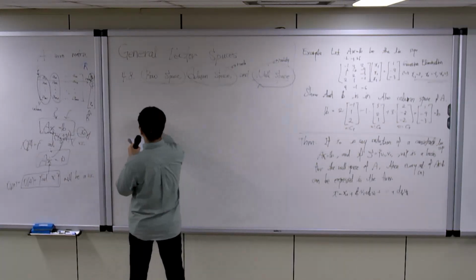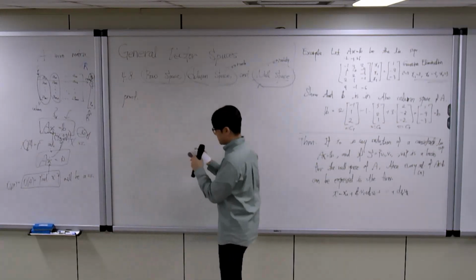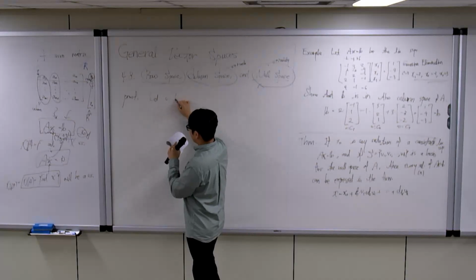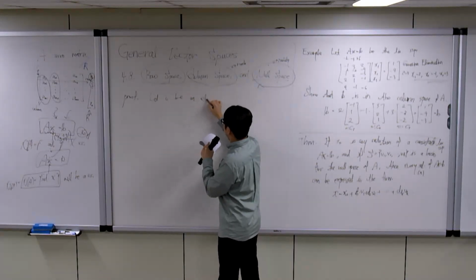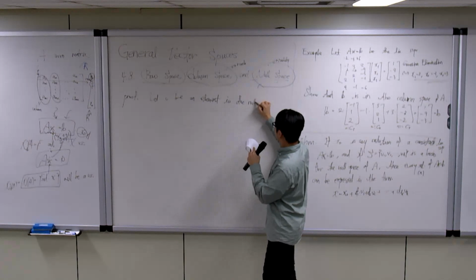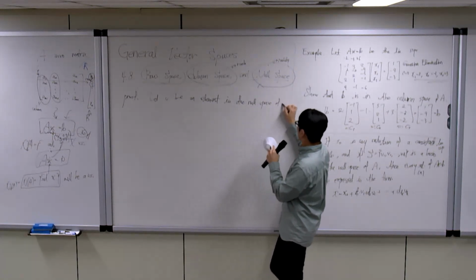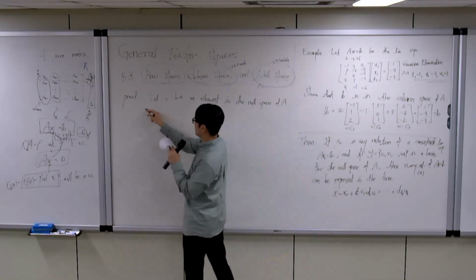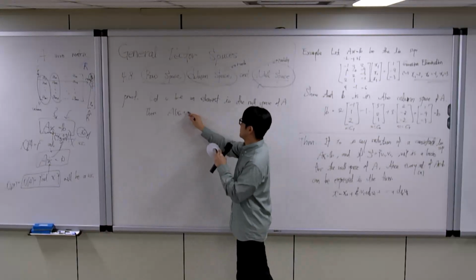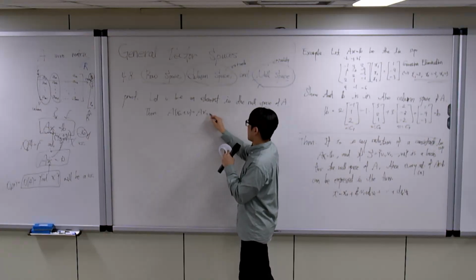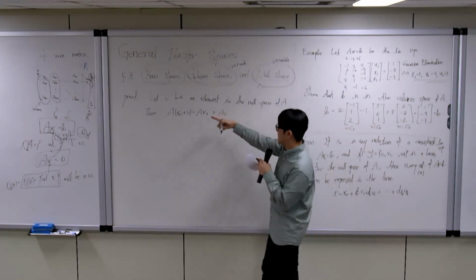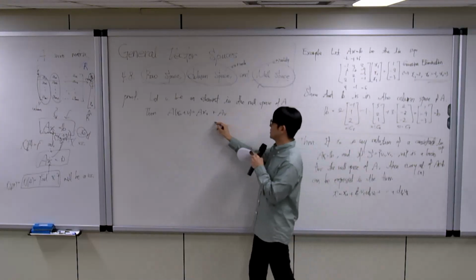As a proof, it is the same. Let v be an element in the null space of A. Then you can calculate A(x0 plus v), which is Ax0 plus Av, and v is in the null space of A, so that is 0.